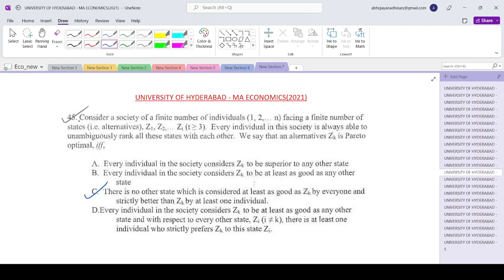Only then it is considered Pareto optimal. If you have looked at some standard micro books like Hal Varian and others, the line goes like this: there is no way to make anyone better off without making someone worse off. That is essentially the same interpretation coming out from option C, and hence the answer to question number 45 stands at option C. Thank you.